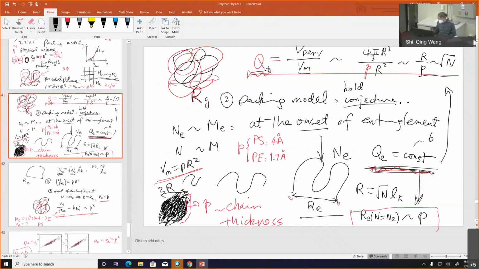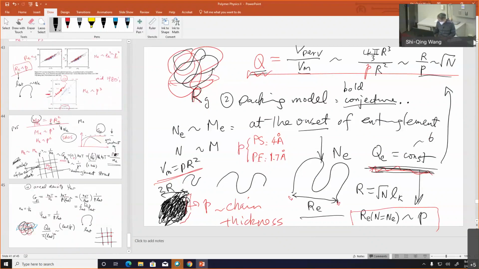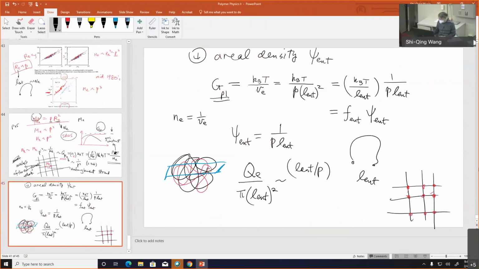Q is there. I'm going to change my molecular weight until it is QE. So I have QE on this side. I have RE, which is less L. So basically, I have QE being that, being this. And the bottom, if I ignore the pi, it's a square.